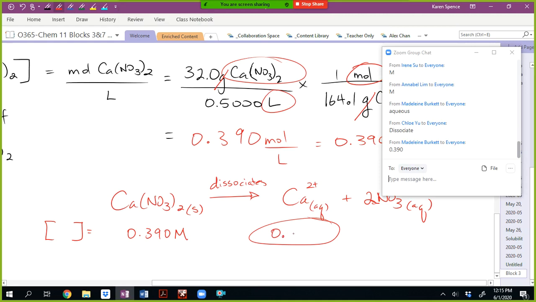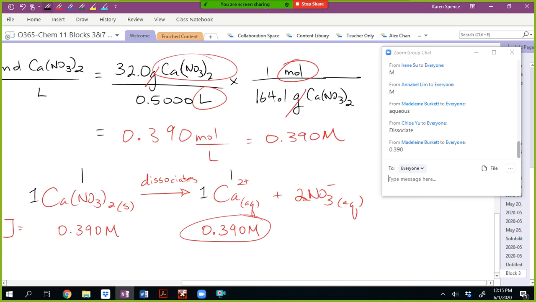Because it's a 1-to-1 ratio. But we don't have a 1-to-1 ratio for the nitrate. We have a 1-to-2 ratio. And so our concentration there is going to be 2 times 0.390 molar. And so we get 0.780 molar. Yeah.